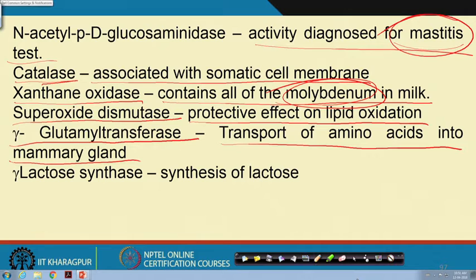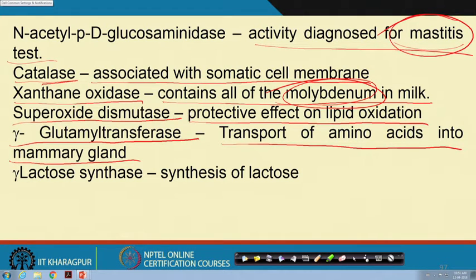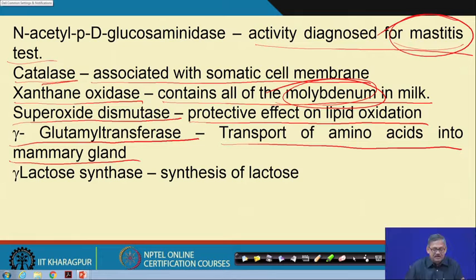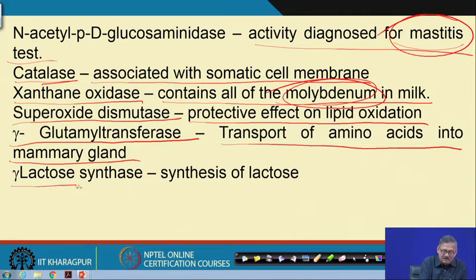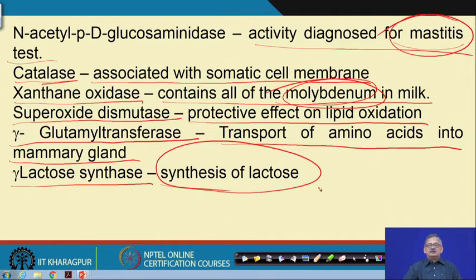Amino acids are transferred to the glands from where the milk is secreted. That transport of amino acids is done by this enzyme called gamma glutamyl transferase. Then gamma lactose synthase, it acts for synthesis of the lactose.